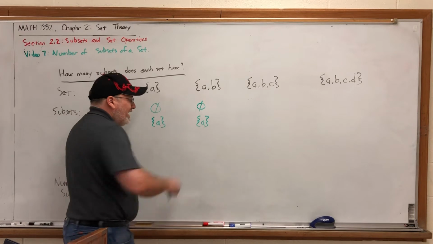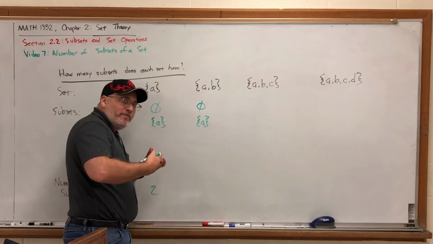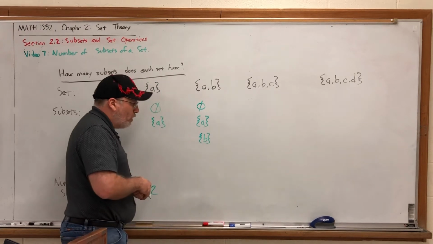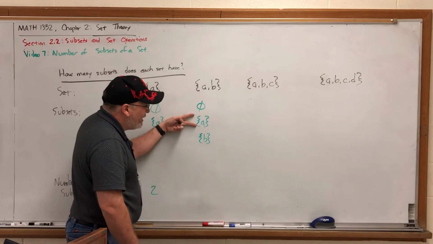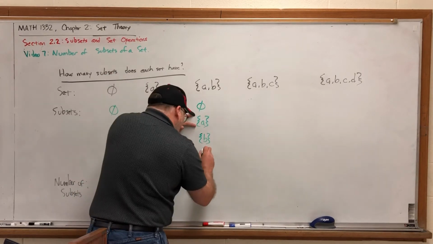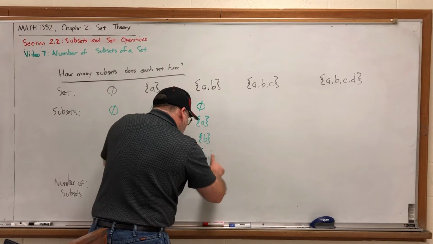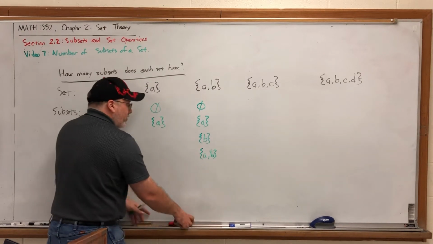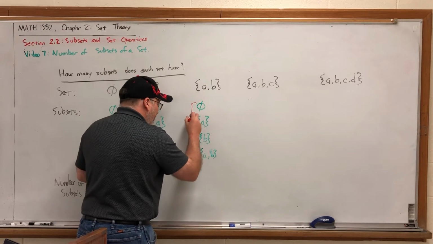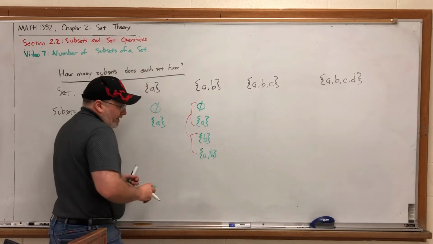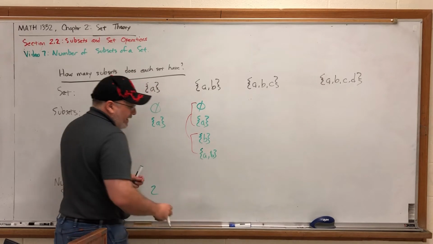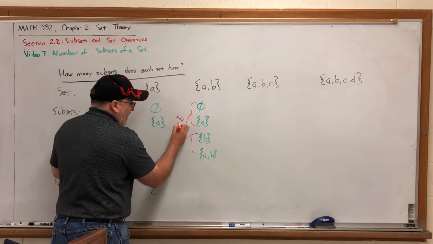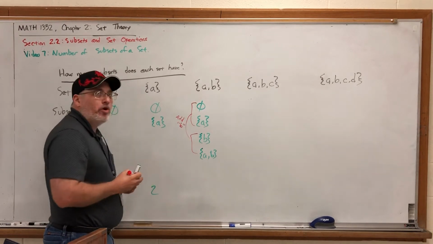For example, if I take the empty set and add the letter B to it, I get the set containing B. Or if I take the set containing A only and add B to it, I get the set containing A and B. So essentially, I took all the subsets from over here and, what's the best way to say this? I don't want to say I added B, okay, we'll just say add B. Can't think of a better word.